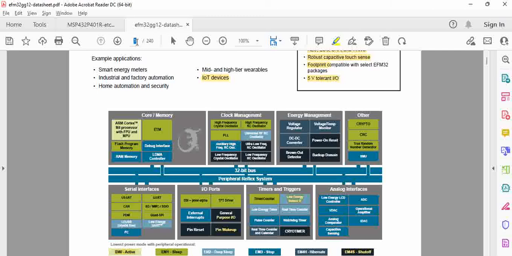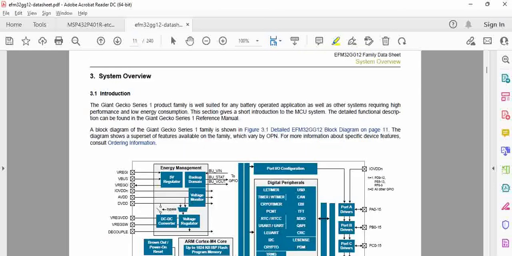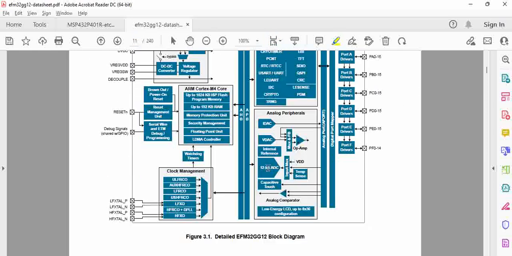All these are different oscillators based on the frequency ranges, the type of oscillator, and its power consumption related options. If you see the clock management, you have two major points to see. You can either have an external crystal, or you can use an internal oscillator.